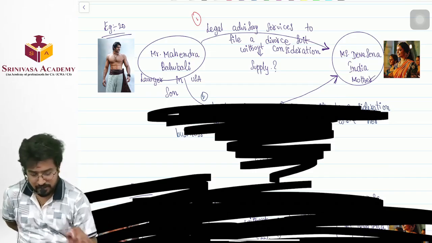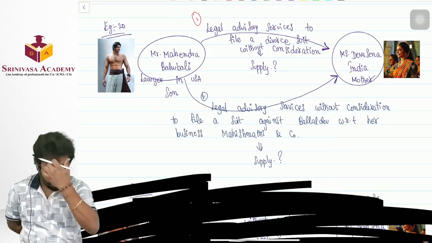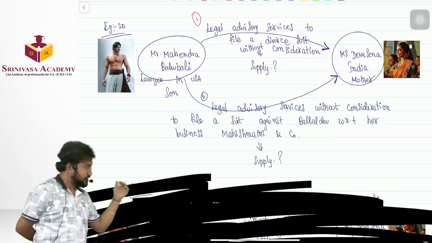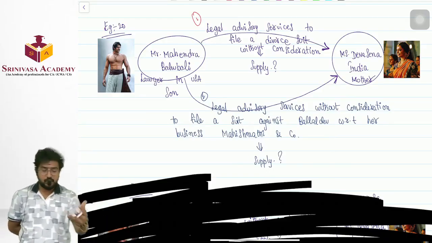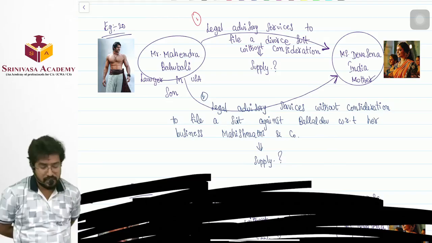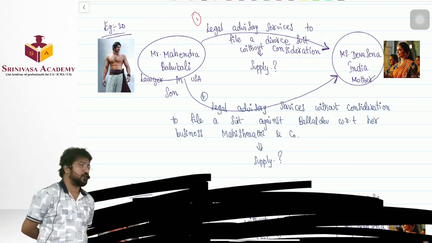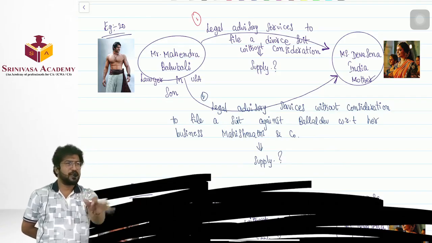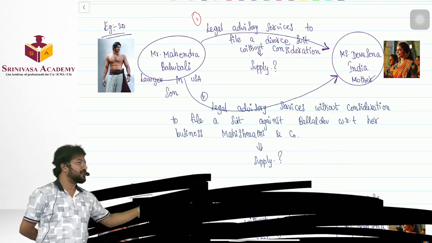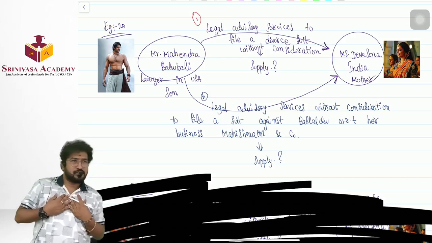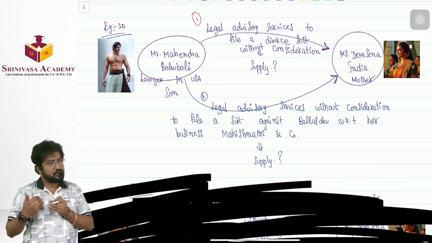Imagine if Mahendra Bahubali is providing the same legal advisory services to Devasena for filing a suit against Ballal Dev with respect to her business, Mahishmati and Co. Is this supply? Again, import of service. We see everything from Devasena's point of view.